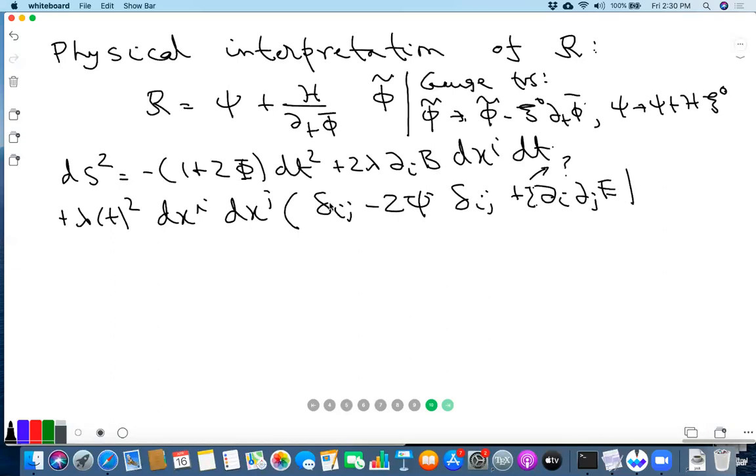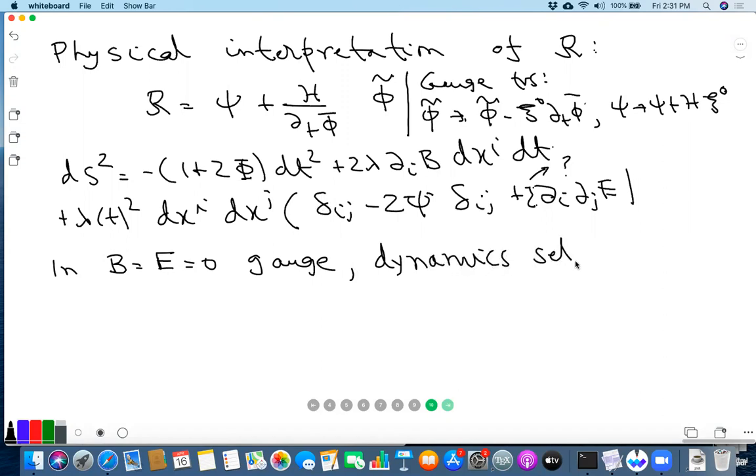Now let's look at the two gauges. In the B equal to E equal to 0 gauge, the dynamics, namely Einstein's equation, sets also phi equal to 0 and psi equal to 0.